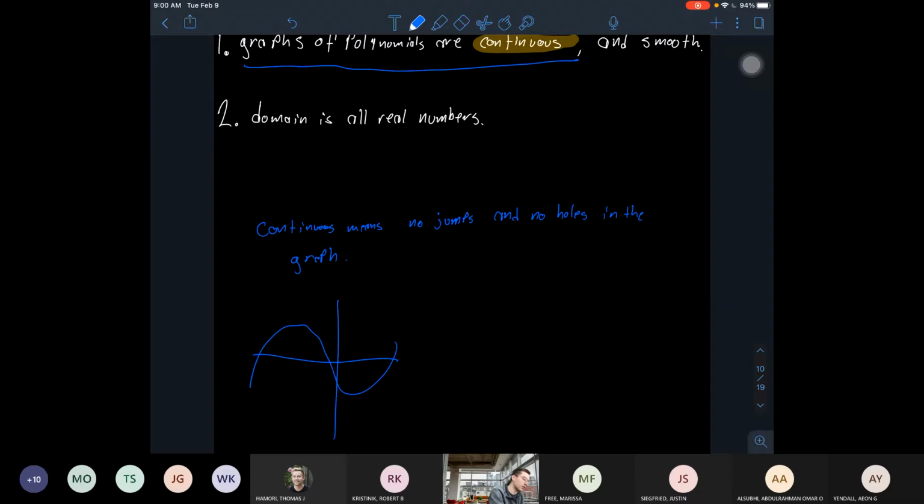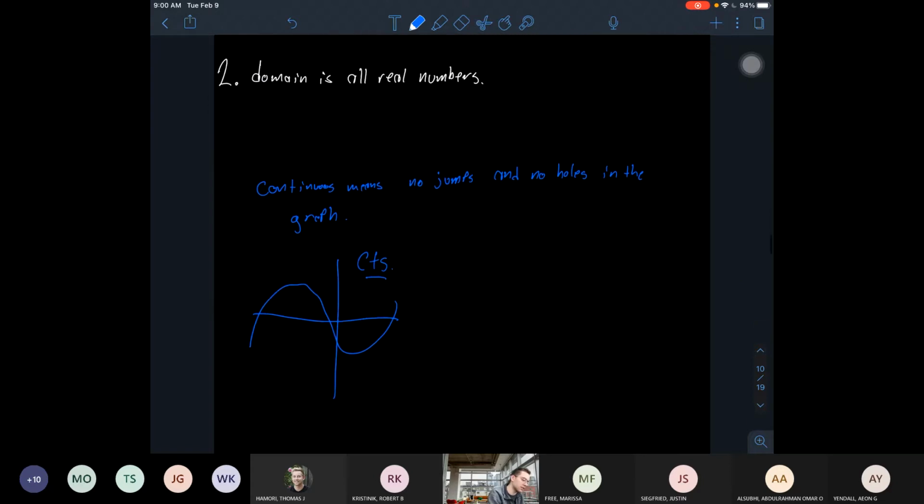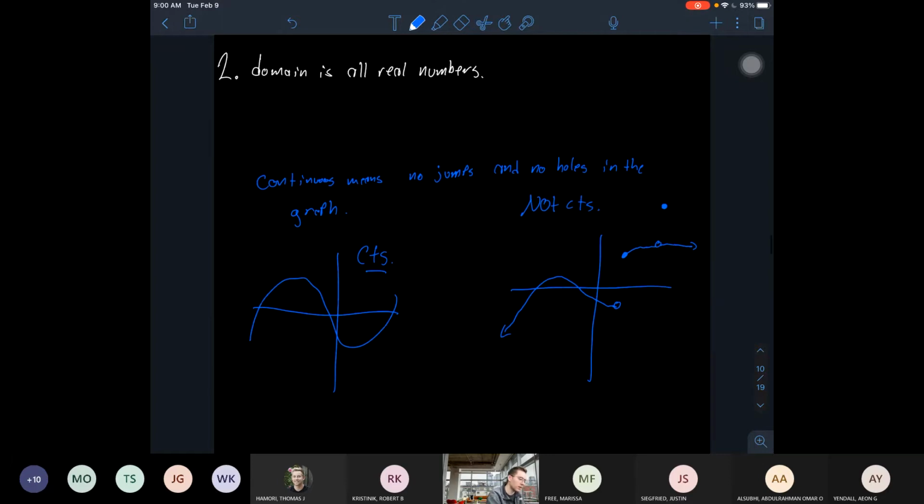So here's a continuous function. Sometimes we write just CTS to mean continuous. And here's a function which is not continuous. Okay.